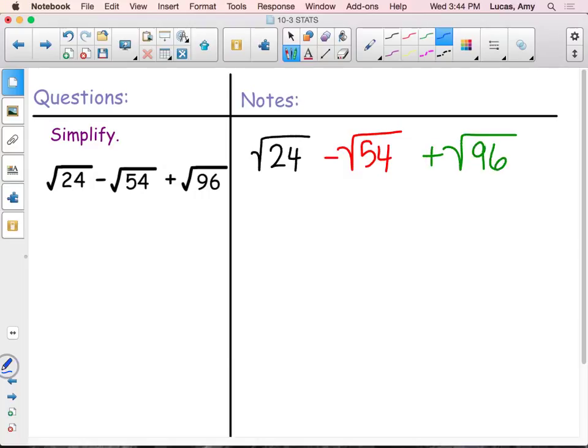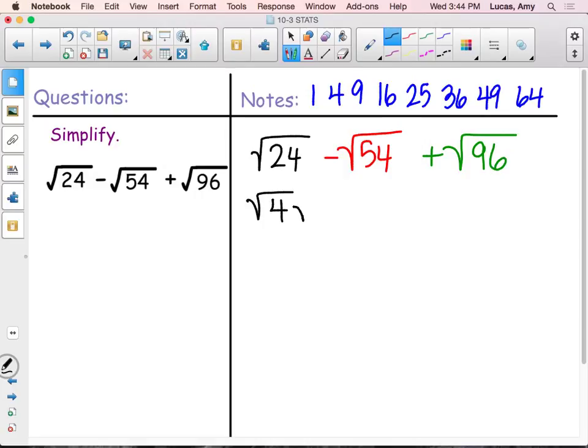And up at the top, okay, now the first one, 24, I can separate into 4 times 6.